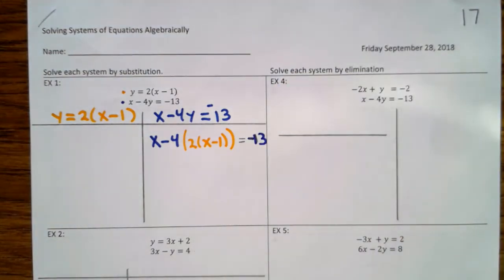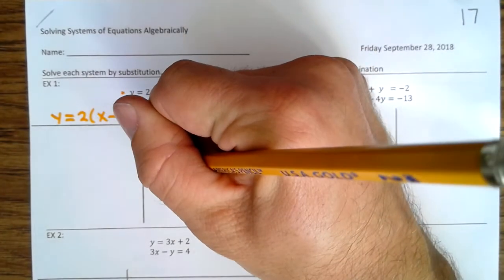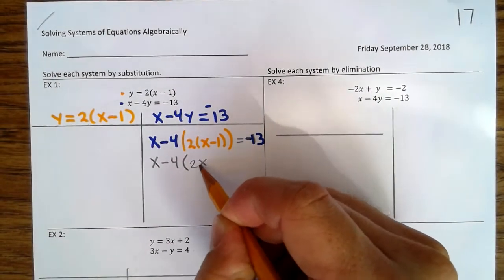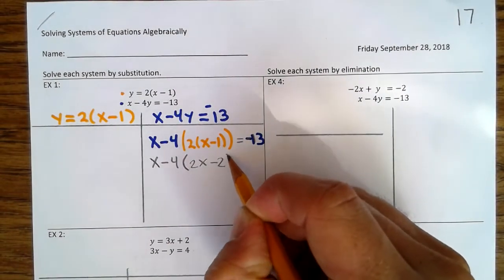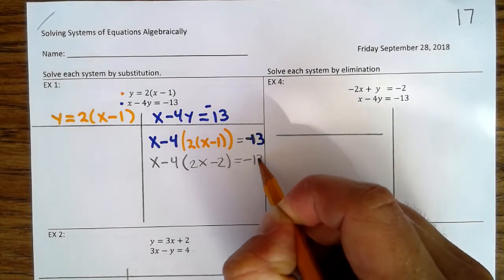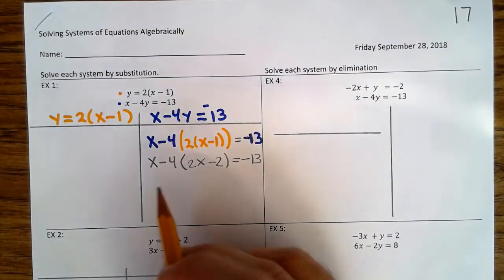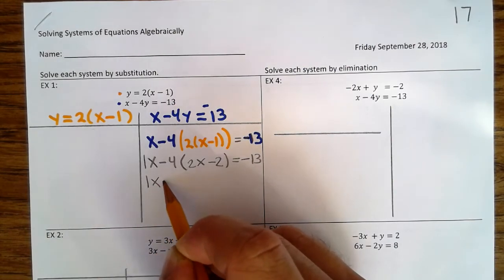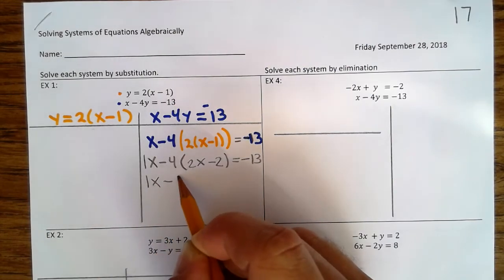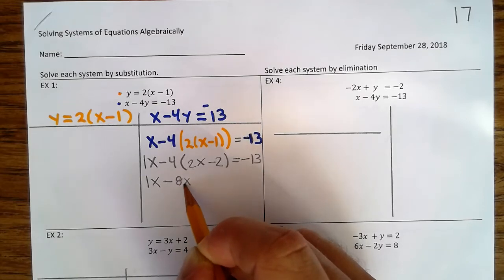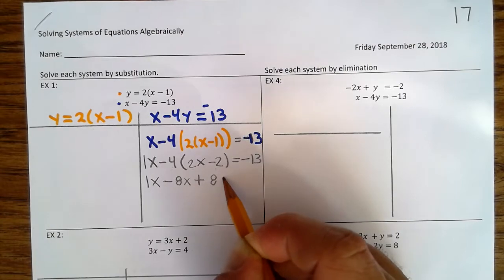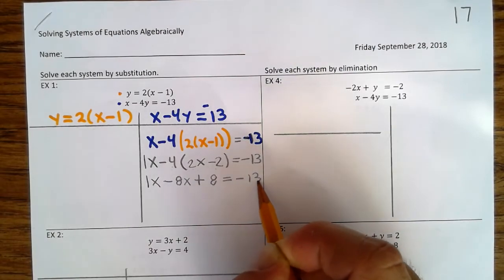Now step 3, solve the second equation. So we have some distributing to do first. So x minus 4, we're going to distribute in here first. So 2 times x is 2x. 2 times negative 1 is negative 2 equals negative 13. Now we're going to distribute the negative 4. So I'm going to put a 1 here. So 1x, negative 4 times 2 is negative 8x. Negative 4 times a negative 2 is a positive 8 equals negative 13.